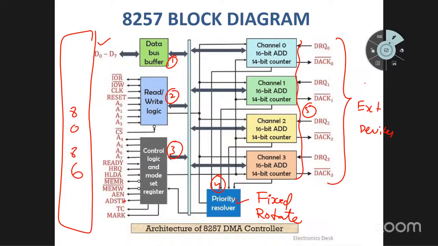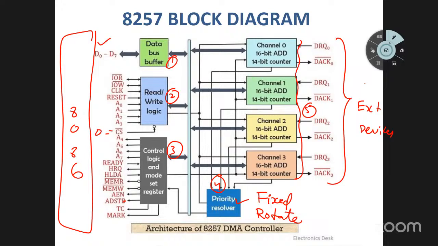The processor recognize చేయాలంటే compulsory you need to apply 0 here, because the chip select is an active low pin. You have to give 0 for this. So that is the read write logic, control logic.